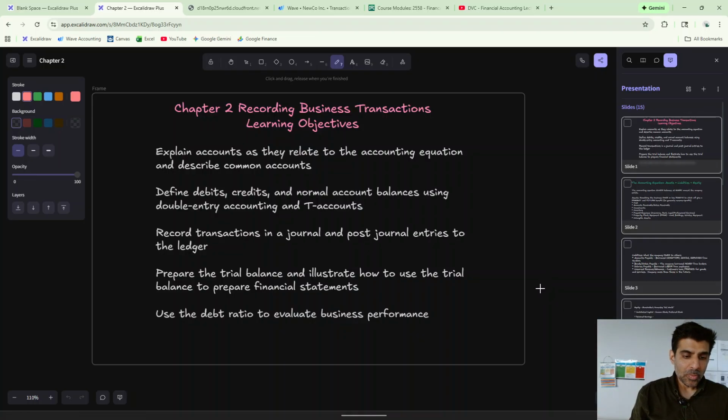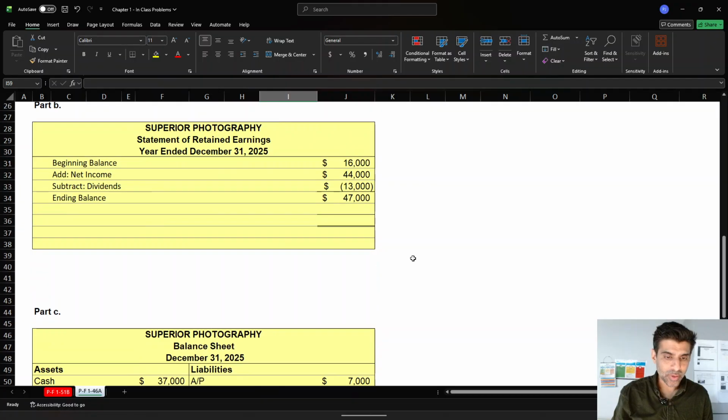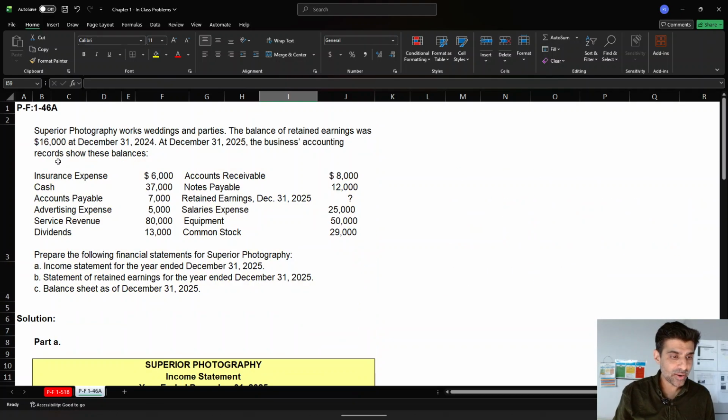A trial balance, we're going to talk about what that is. That's basically a tabulation. So in the exercise we just did, we had all the balances for our accounts. What I'm talking about is this right here. All these are account balances. And we use the balances to then make the financial statements, right?